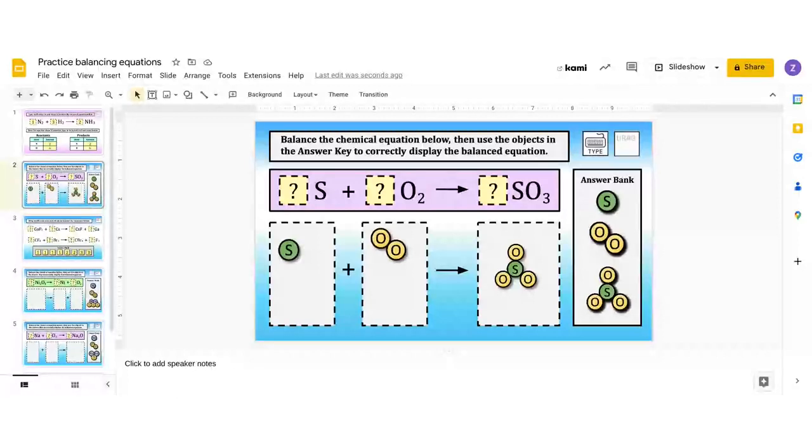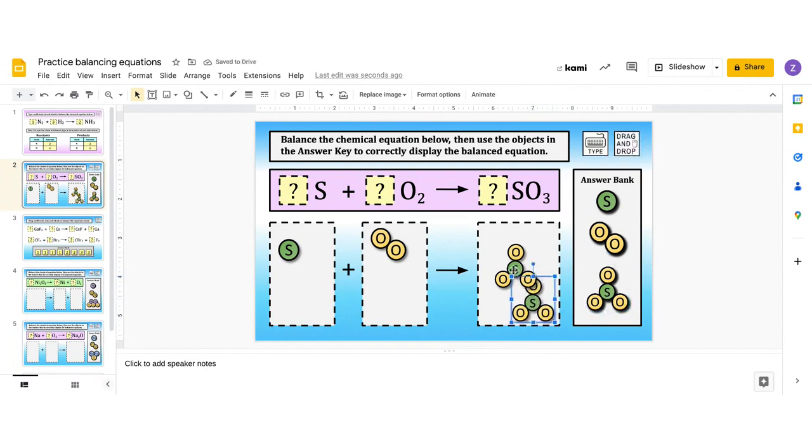Okay, so what we need to do is get the oxygens to match up. So what we're going to have to do in this particular case is drag another SO3 and put it underneath there. Under the SO3.